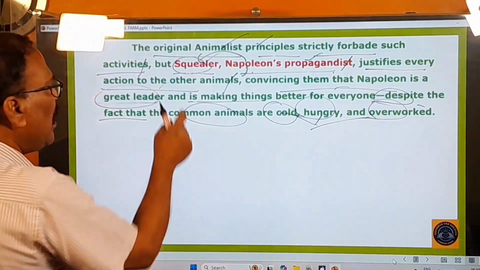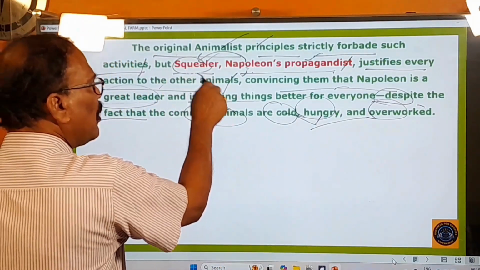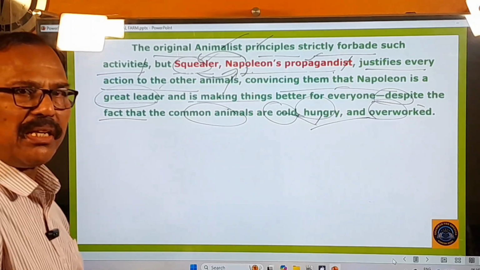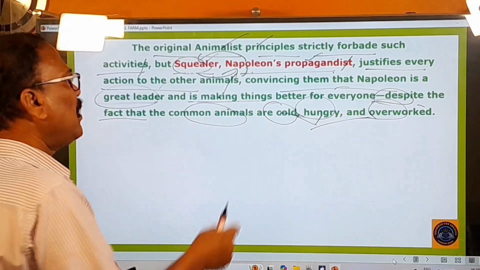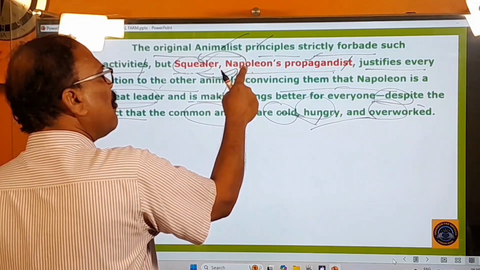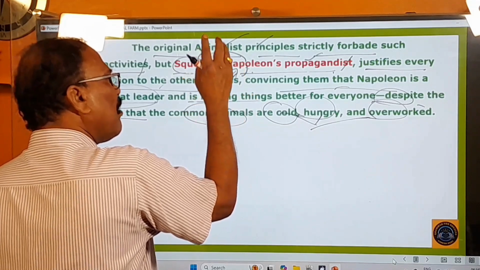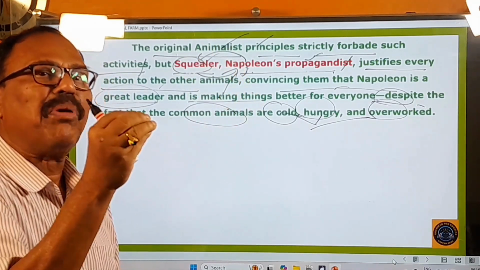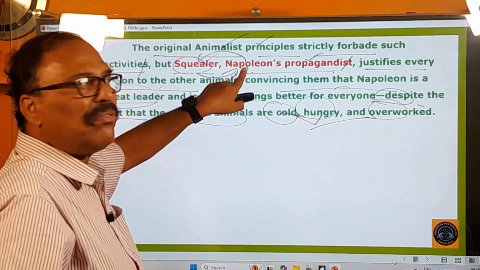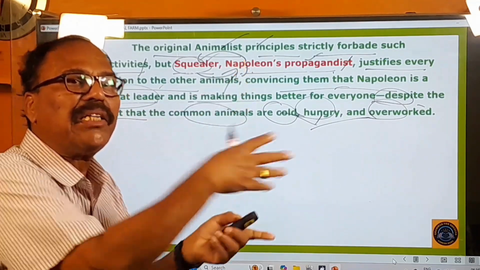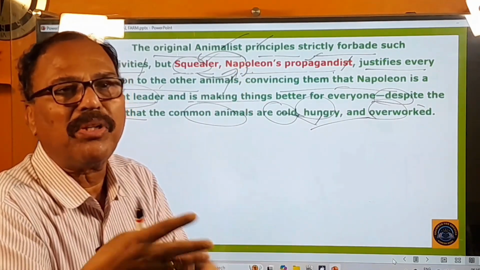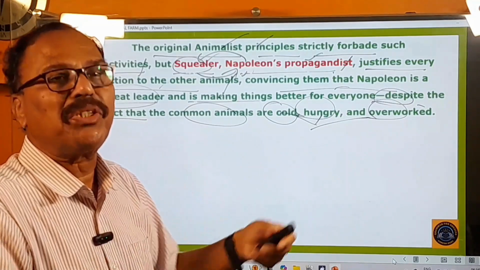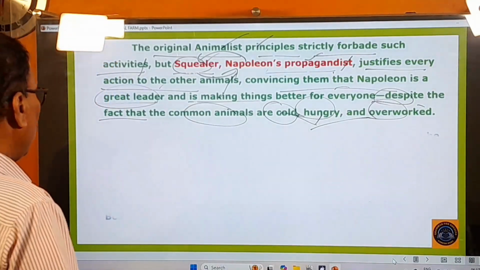So here Squealer is supporting this leader, Napoleon. Whatever he says or does, Squealer will manipulate that matter and make it positive. Even if he takes a negative decision, he will make it look positive to the people. And you go to the next paragraph.